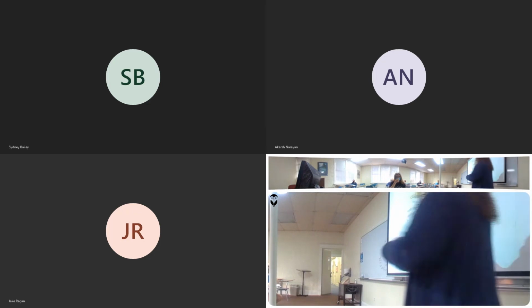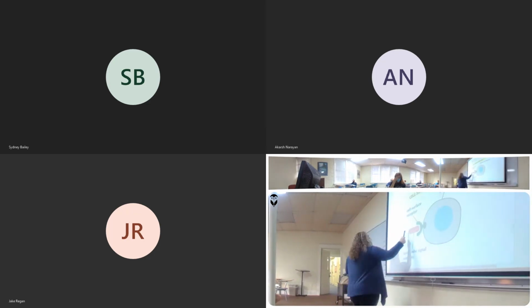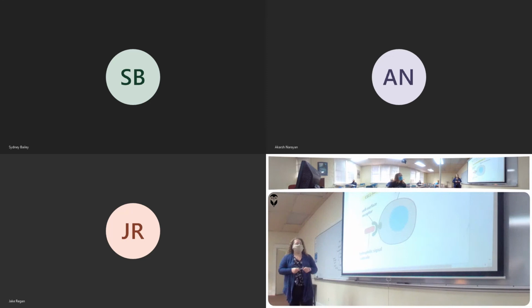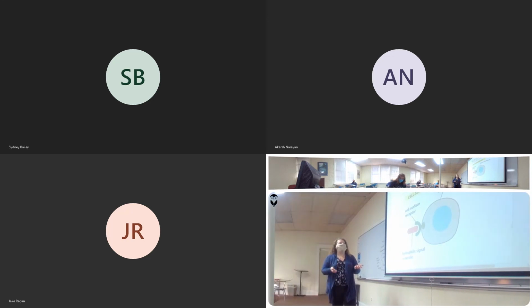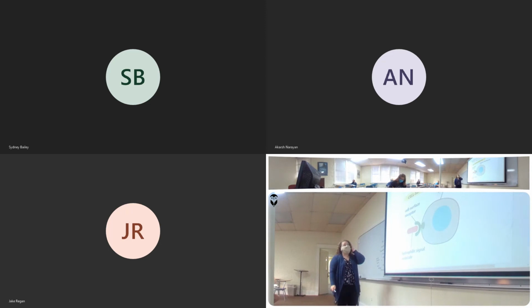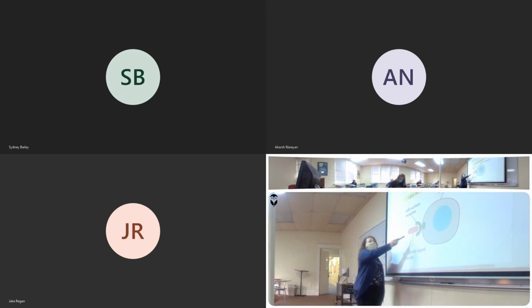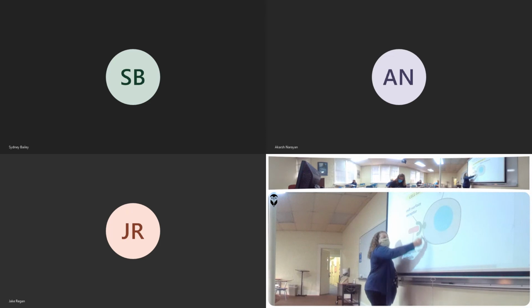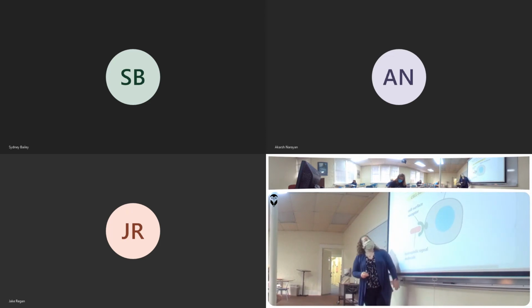So no matter what the signal is, most signals in the world are not able to cross through the membrane on their own. We learned in the last unit that the plasma membrane blocks most substances from just crossing through unless they're small and hydrophobic.